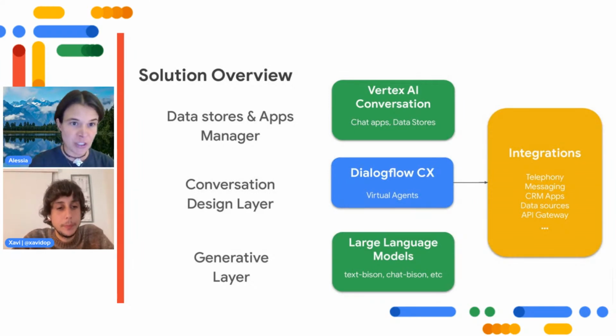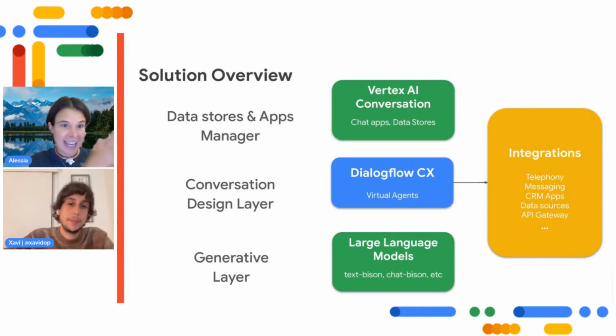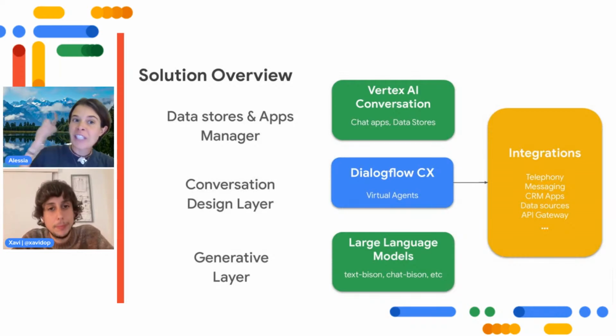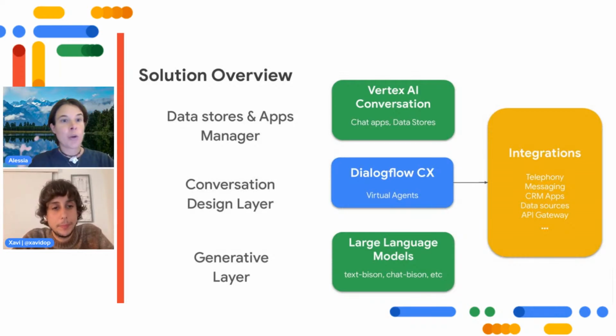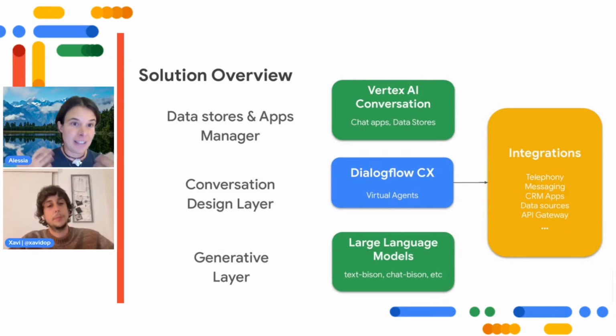We introduced Vertex AI Search and Conversation, which is a sort of manager of the data stores, as you said, the knowledge bases and the chat apps. And of course, now with large language models, we are giving our users the possibility to create generative responses that are going to supplement and complement the experience of the agents as such.